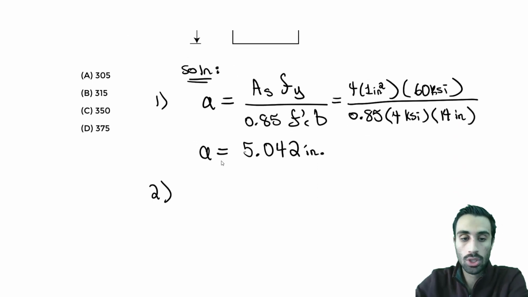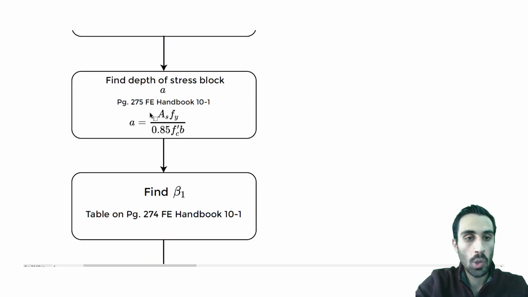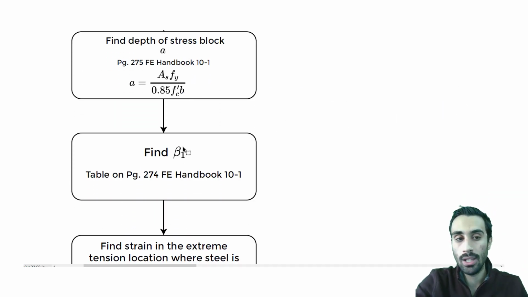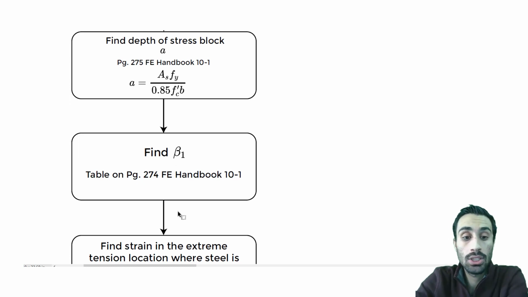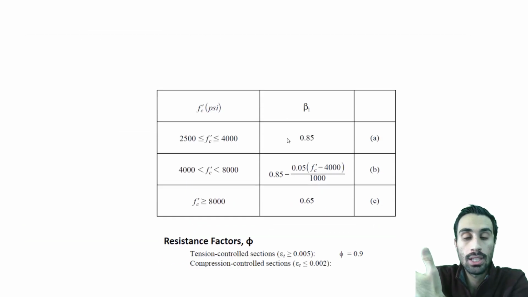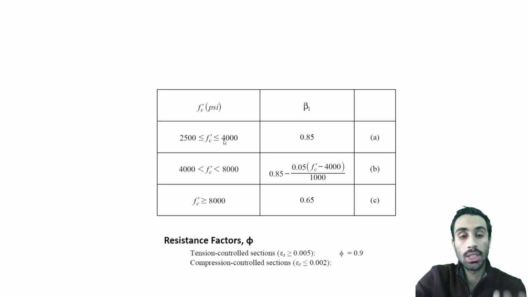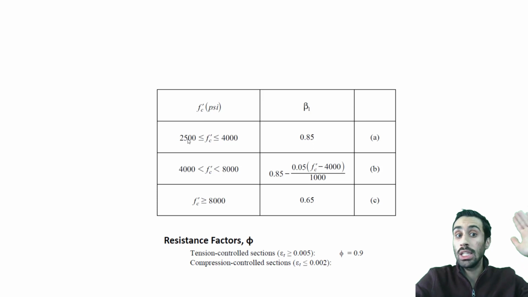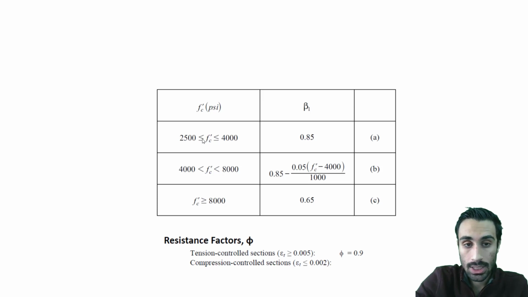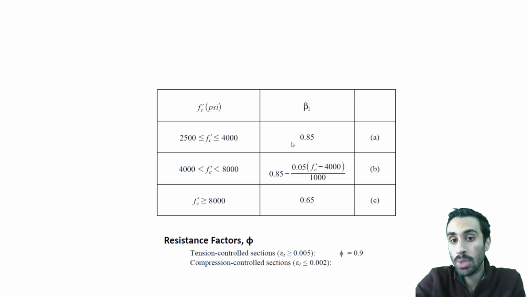Step 2, let's go to that flowchart. What does it say after that? We know after this, we will find the beta 1 value. The beta 1 value is on this page, and we can find it by using this table in the FE handbook. Based on the concrete compressive strength, we can get beta 1. If it's between 2,500 and 4,000, note that it's less than or equal to, so if it's equal to 4,000, it must be this one.